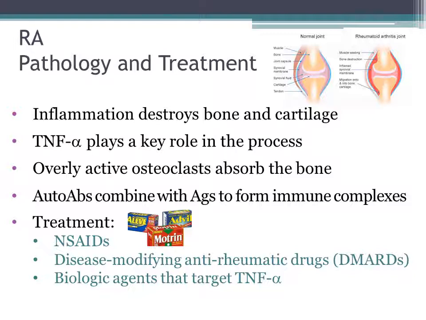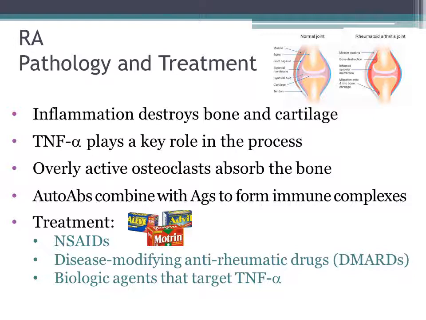So in the case of people with this disease, bone absorption is exceeding new bone formation, and so of course that's a problem. The autoantibodies that these individuals have combined with antigens form immune complexes. So this is indeed an immune complex disease.